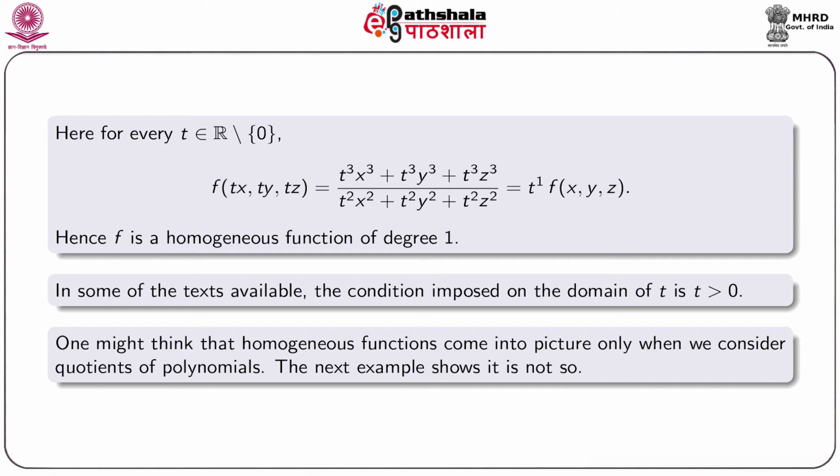In the numerator, every term contains t cube, so we can take it as a common factor, and in the denominator there is t square. So, t cube divided by t square leaves t to the power 1. So, we have f(tx, ty, tz) equal to t to the power 1 times f(x, y, z). So, here f is a homogeneous function of degree 1.